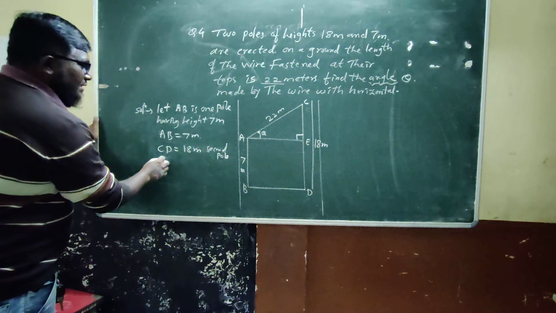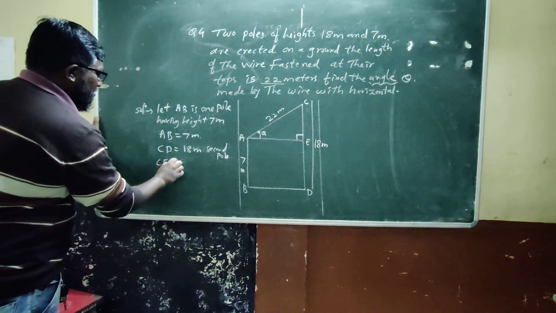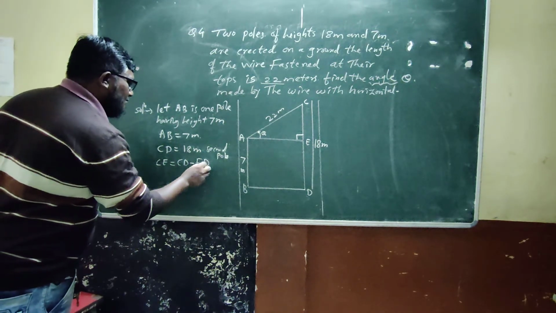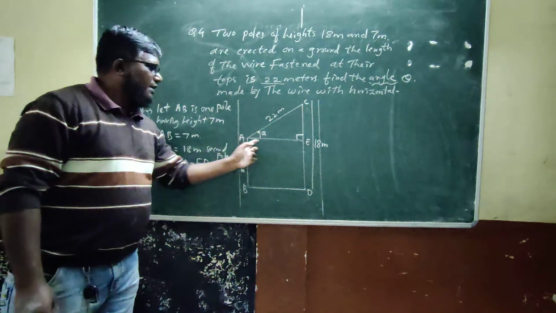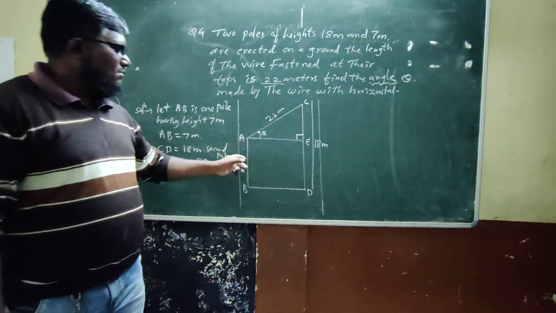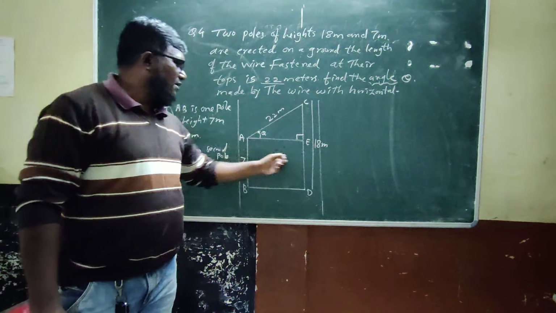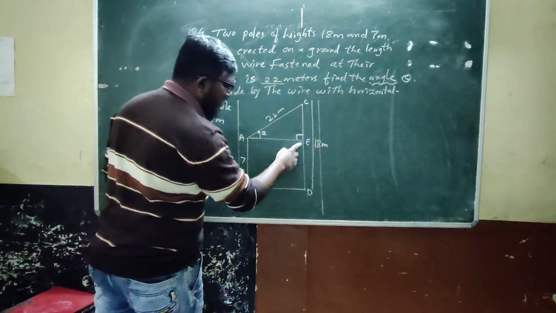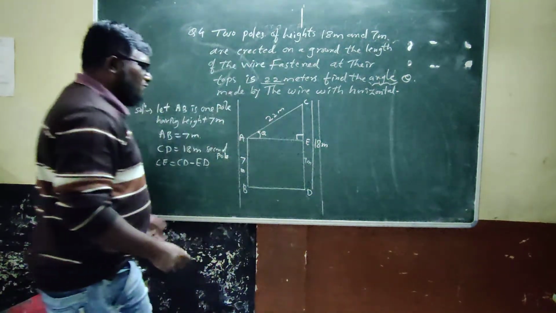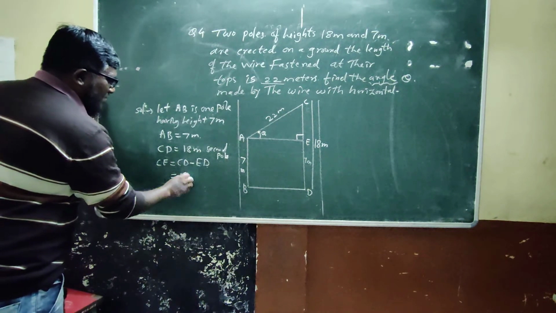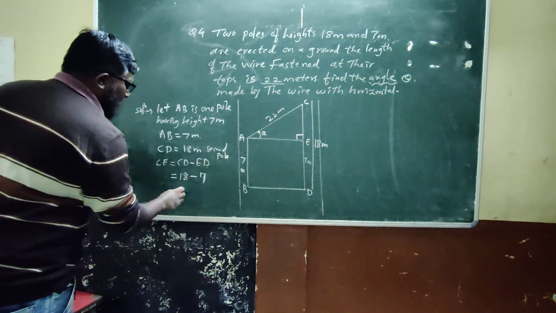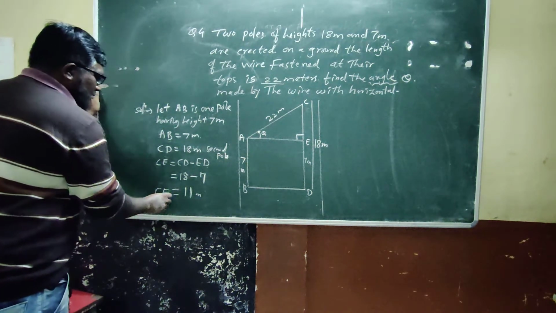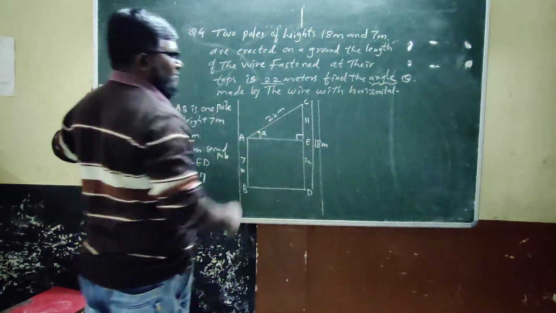And we have to find EC. EC is equal to CD minus ED. Now dear students, here a rectangle is also formed. By the properties of a rectangle, the opposite sides are congruent to each other. If AB is 7, then ED is also 7 meters. So we subtract this 7 from 18. 18 minus 7 gives 11. So CE is 11 meters.